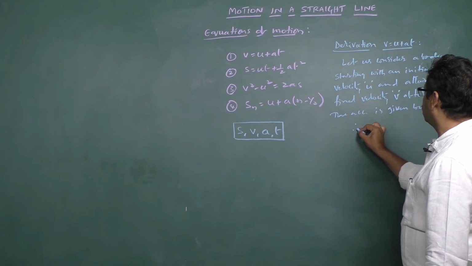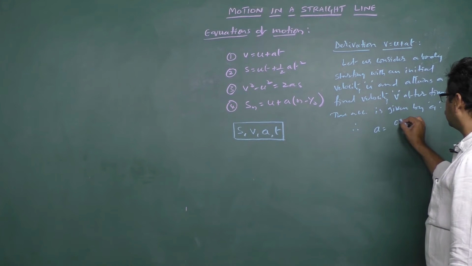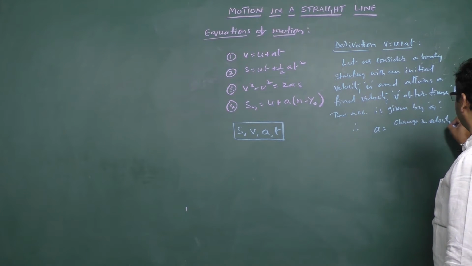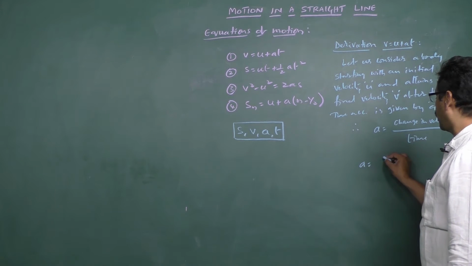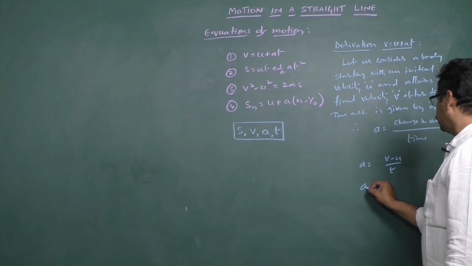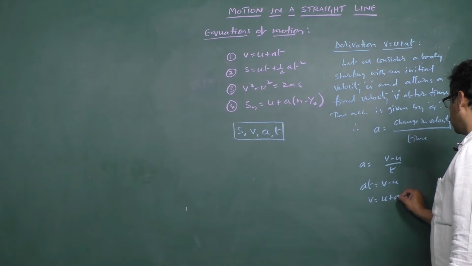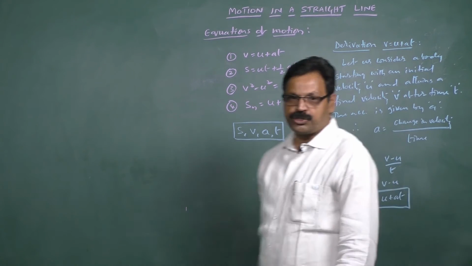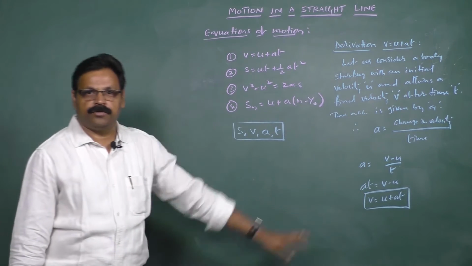Therefore, according to the definition, uniform acceleration is given by change in velocity by time. So here a is equal to final velocity minus initial velocity by time. Rearranging the terms, at is equal to v minus u. So v is equal to u plus at. This is going to be our first equation of motion. So this is how the very first equation can be derived.